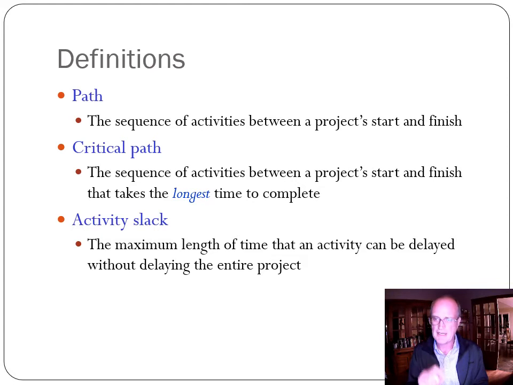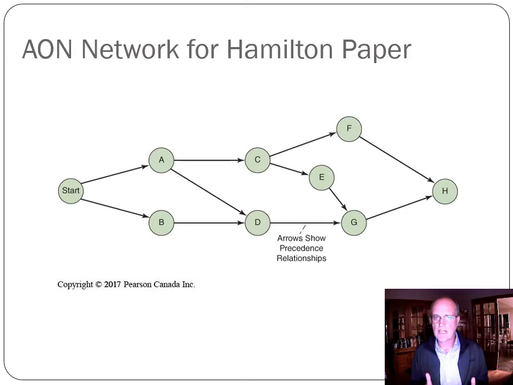But the critical path is that longest path, and the one that we need to make sure finishes on time so that the whole project finishes on time. So individual tasks or activities on the critical path need to be finished on time and are usually the focus of project managers.